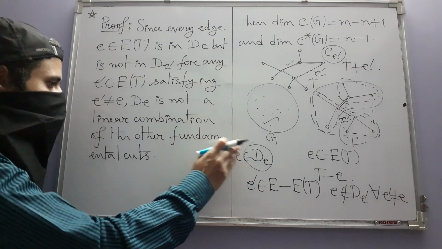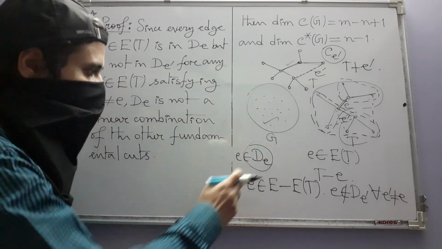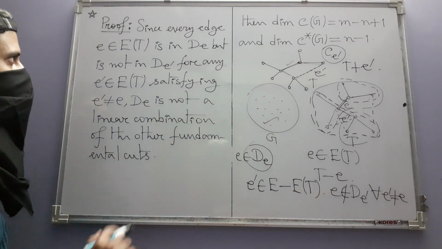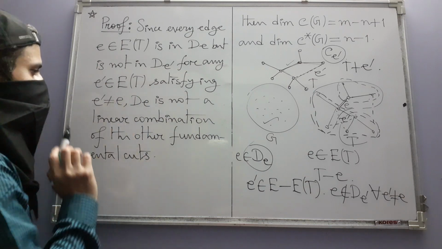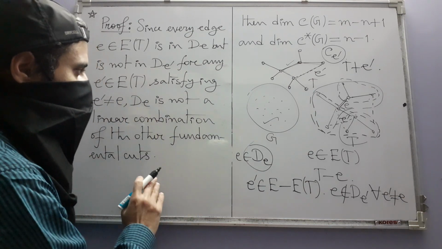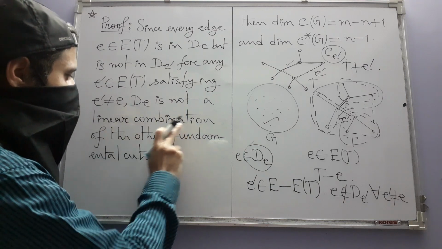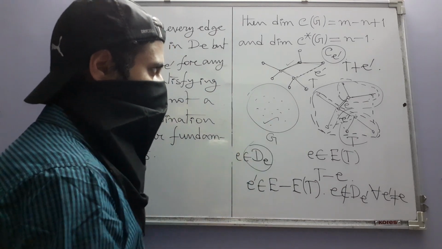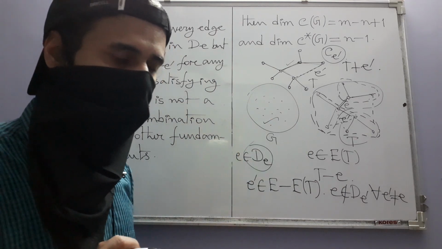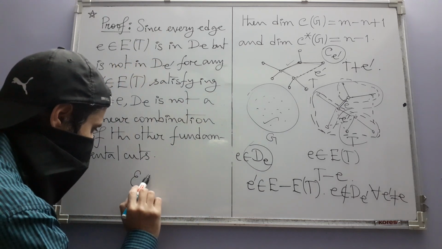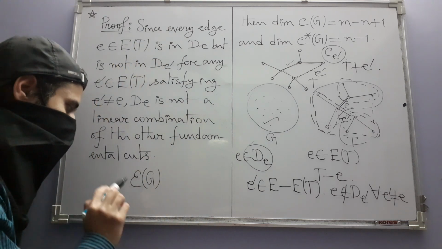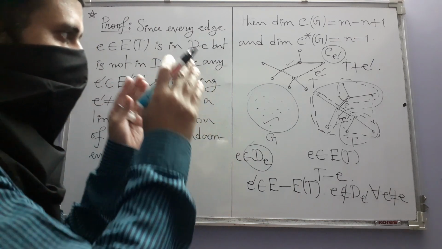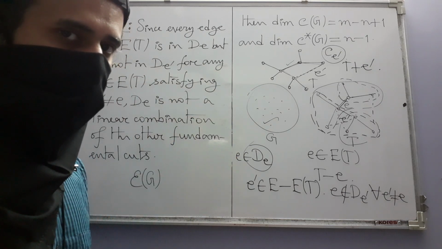Okay, so this part is now clear. Why that specific edge E only belongs to the cut that is labeled by it, the fundamental cut, and no other fundamental cut. Okay, so now the second thing comes: why does this fact imply that DE is not a linear combination of the other fundamental cuts? Keep in mind that all these things are happening in the edge space of the graph, that is this space. What are the vectors in this space? The vectors in this space are sets of edges, right?